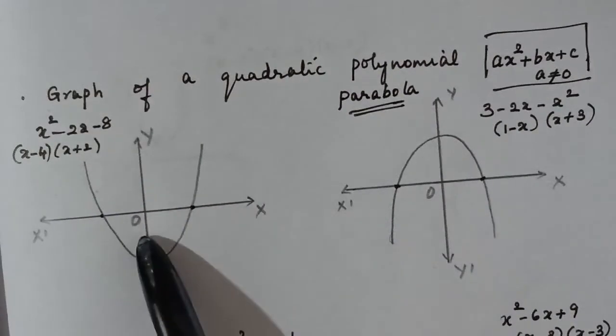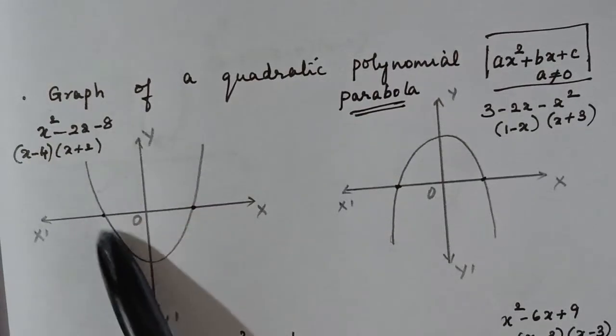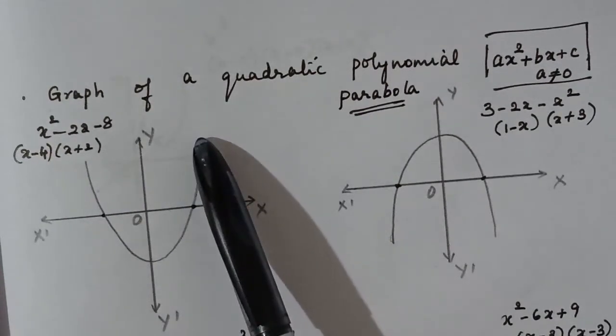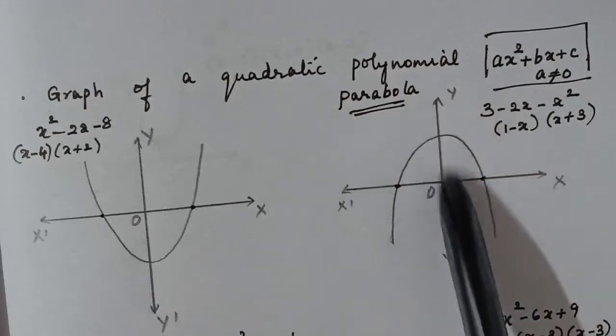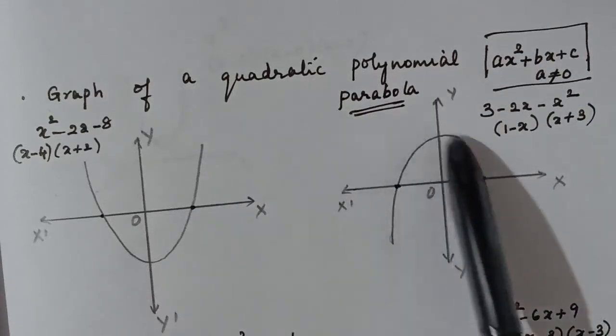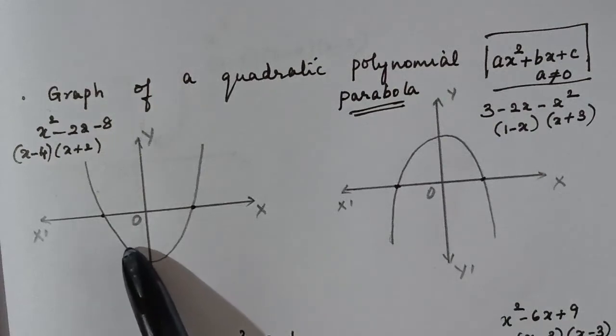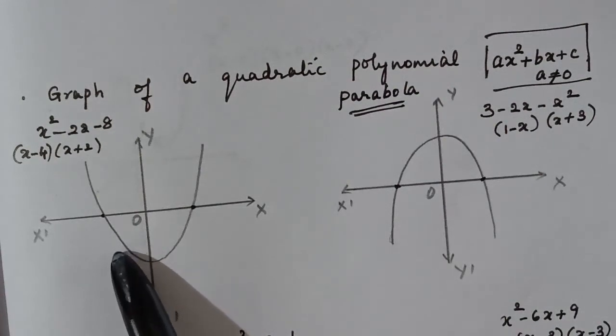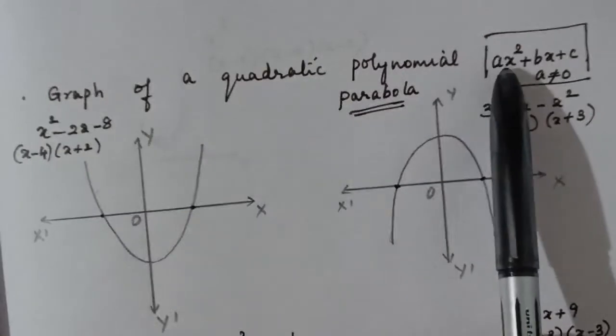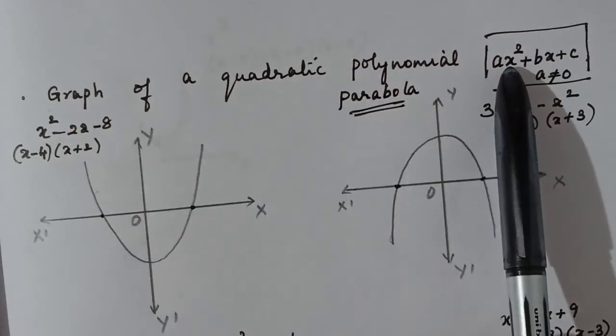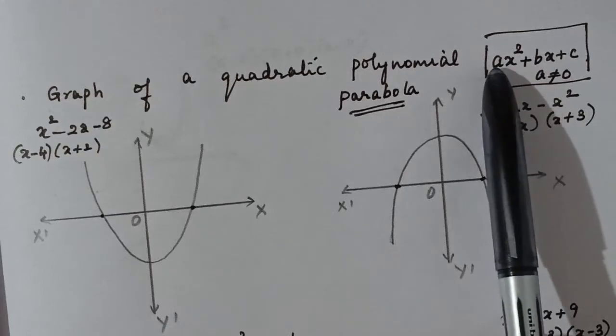Now here you can see for the first graph, the parabola opens upwards, and for the second one, the parabola opens downwards. So if it opens upwards, that shows the coefficient of x squared is positive. That means a greater than 0.